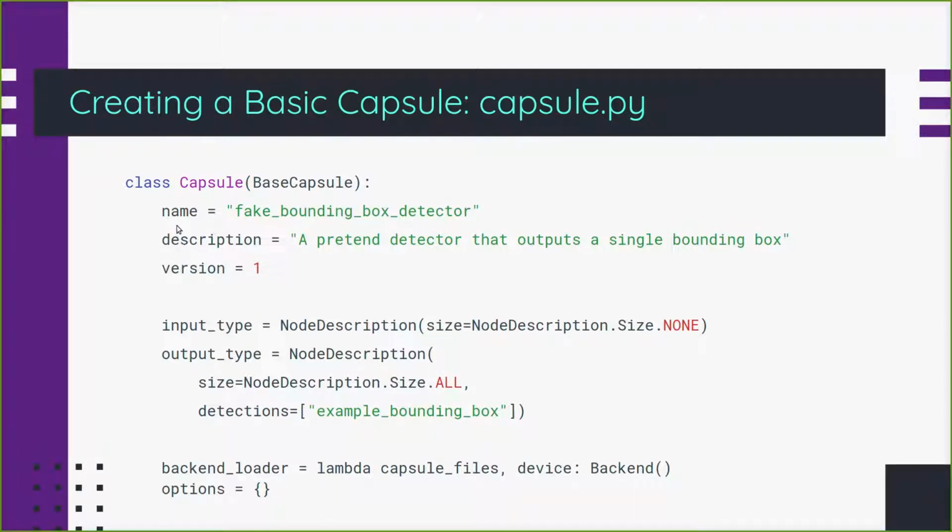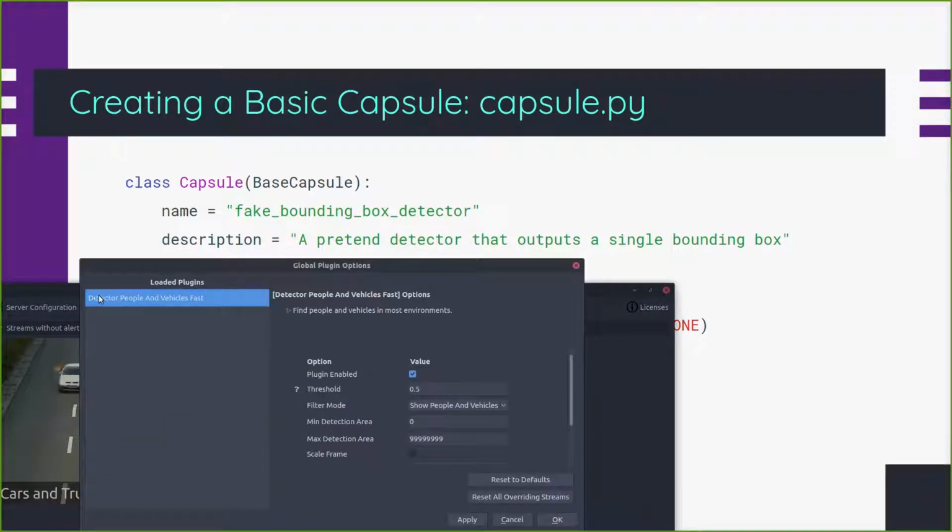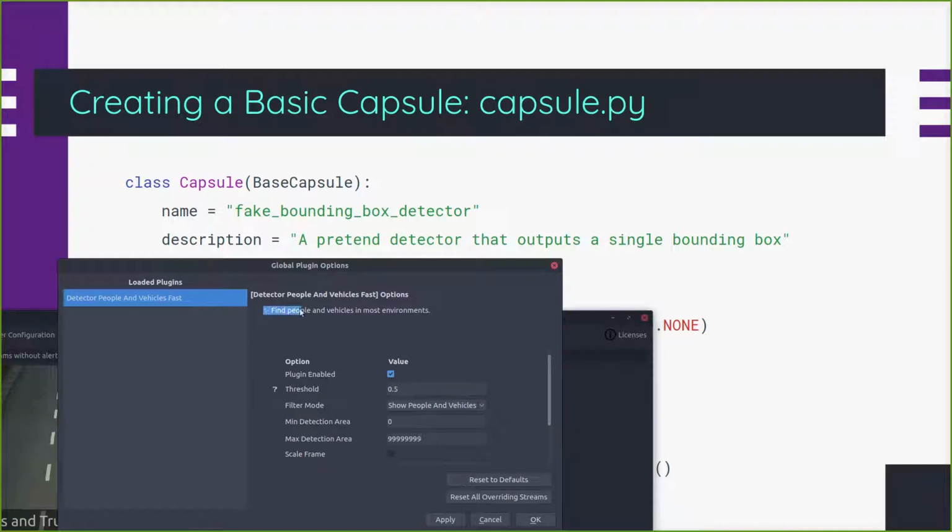But the first 3 lines here are mostly just describing the capsule's basic features, right? So what's the name of the capsule? The name of the capsule is what shows up here, right? What's the description of the capsule? And that's what shows up here.